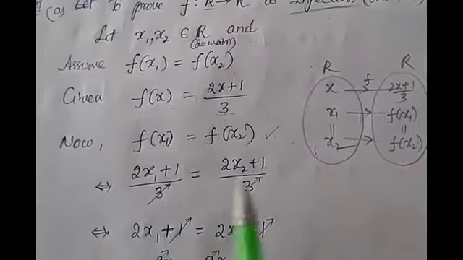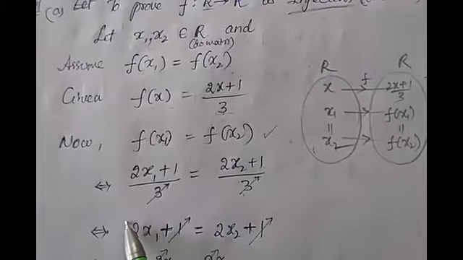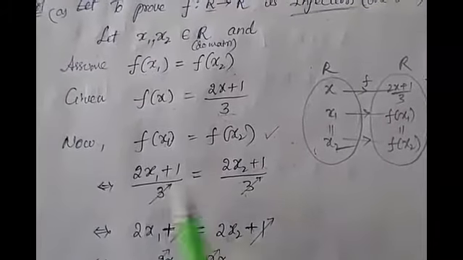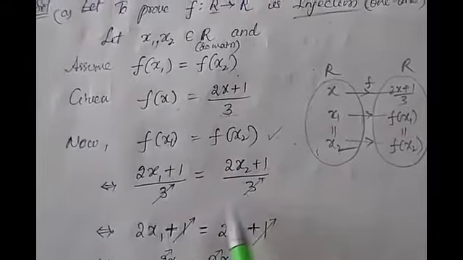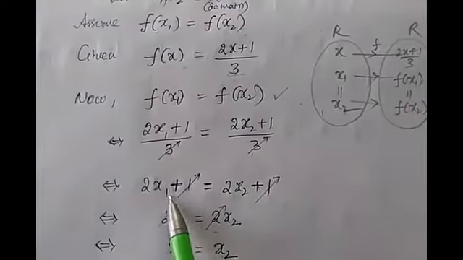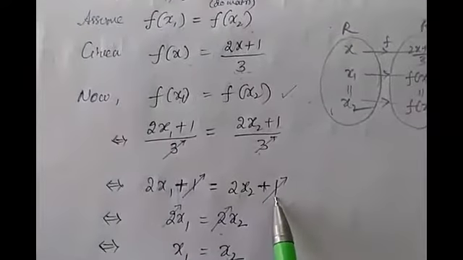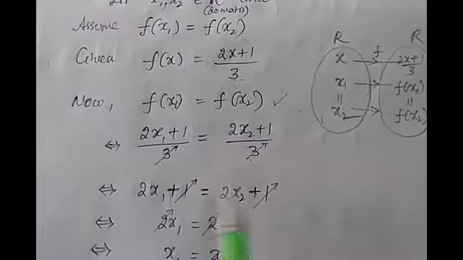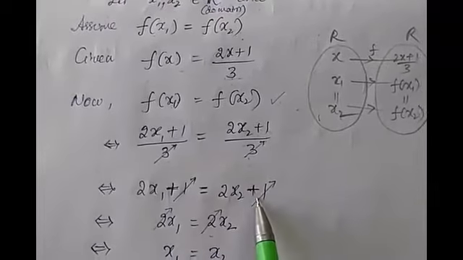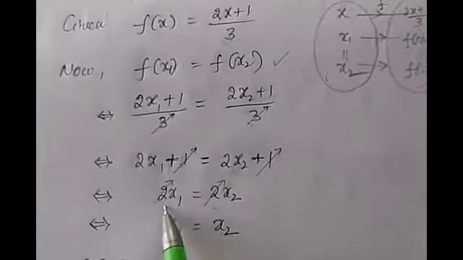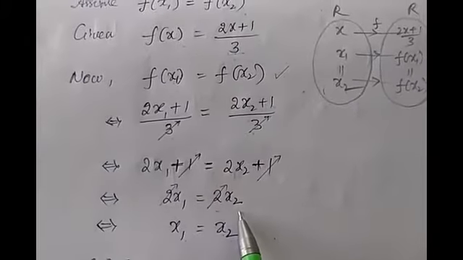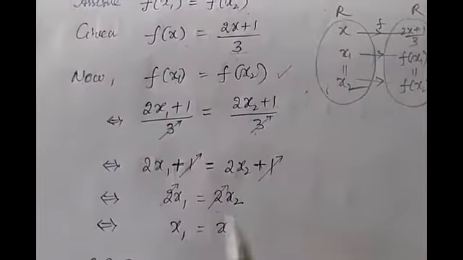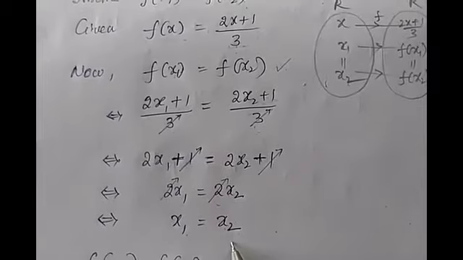Now 3 is cancelled on both sides, LHS and RHS, and then 2x1 plus 1 equals 2x2 plus 1. Now plus 1 and plus 1 on both sides cancel. The remaining is 2x1 is equal to 2x2. Now cancel 2 on both sides. You get x1 is equal to x2.